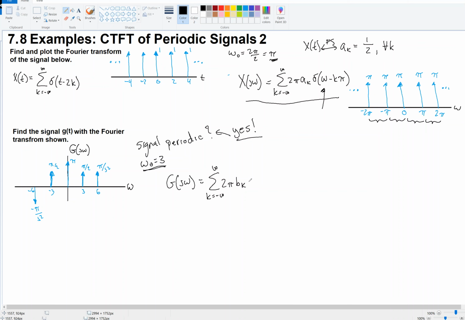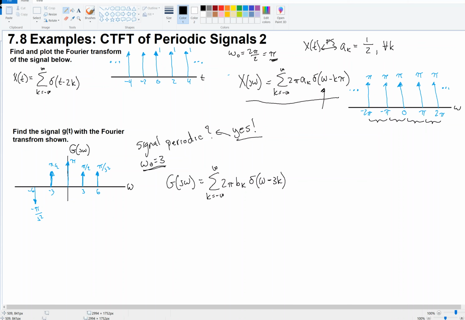So you've got to get a grasp on that. If you're not used to the impulse and you're not used to sigma notation, you've got to work with that a little bit. But trust me, this is the form of this guy.